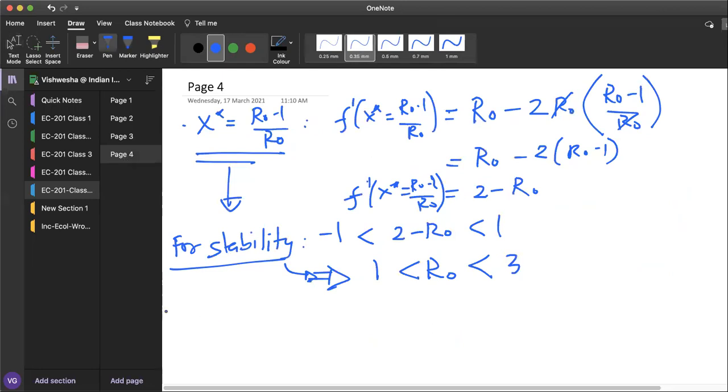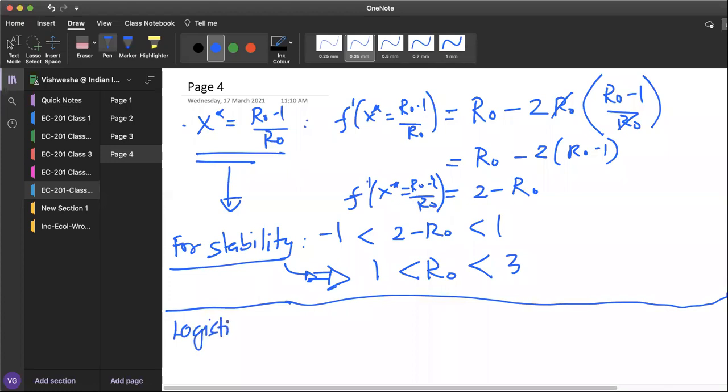Okay, so the logistic model comes with two constraints. The first constraint it imposes on the parameter is that r0 has to be greater than 0, right?